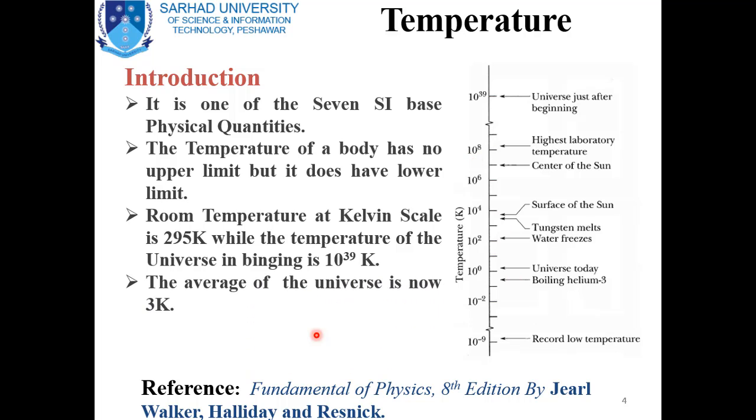The average temperature of the universe is now 3 Kelvin, which is between 10 power 0 and 10 power 1. As the universe expanded, it cooled, and now the average temperature of the universe is 3 Kelvin. We on the earth are a little warmer than that because we happen to live near a star.